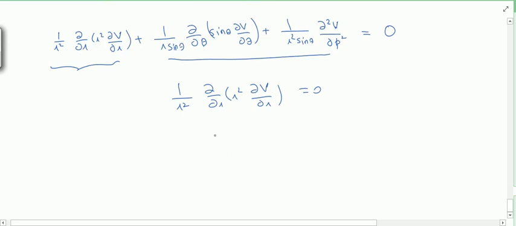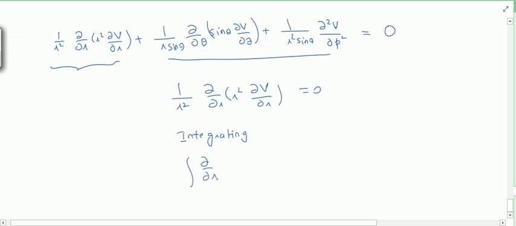So we can solve this. Here r square will go to the right side, and after that, integrating on both sides, what will it become?